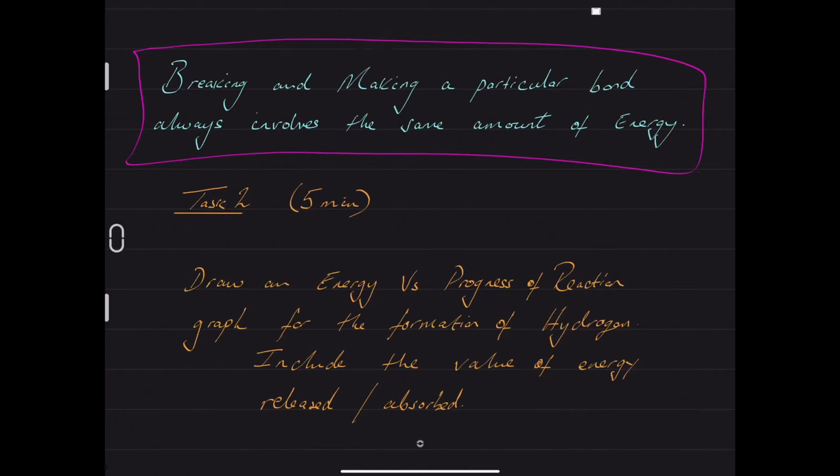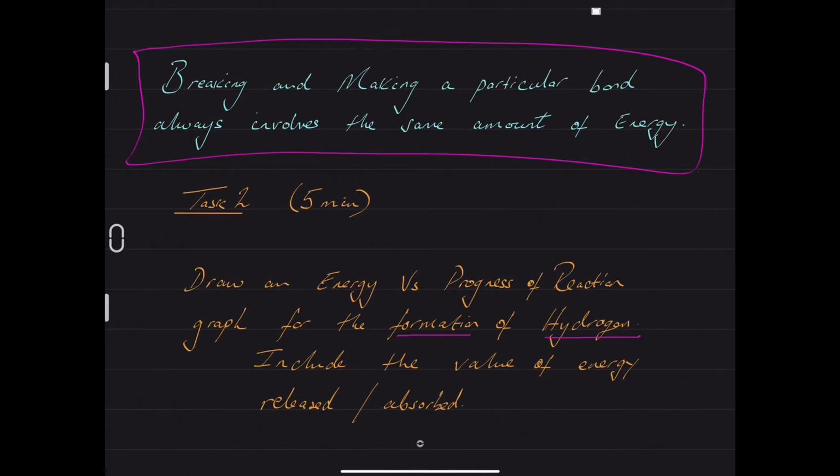So for the formation of hydrogen, I want you to draw an energy versus progress of reaction graph. The statement above will help you. Breaking and making a particular bond always involves the same amount of energy.